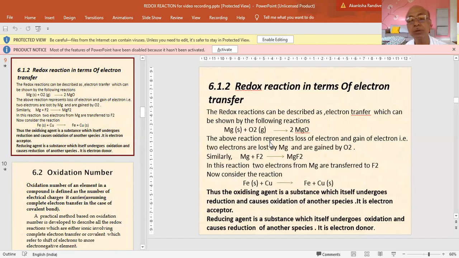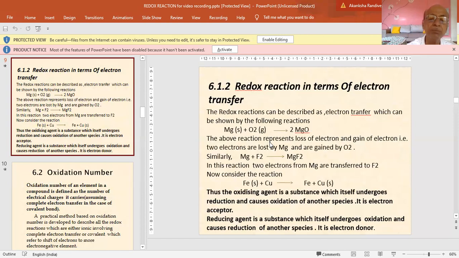So in short, the oxidizing agent is an electron acceptor, while the reducing agent is an electron donor. This is the difference, or how we can define the oxidizing agent and the reducing agent.